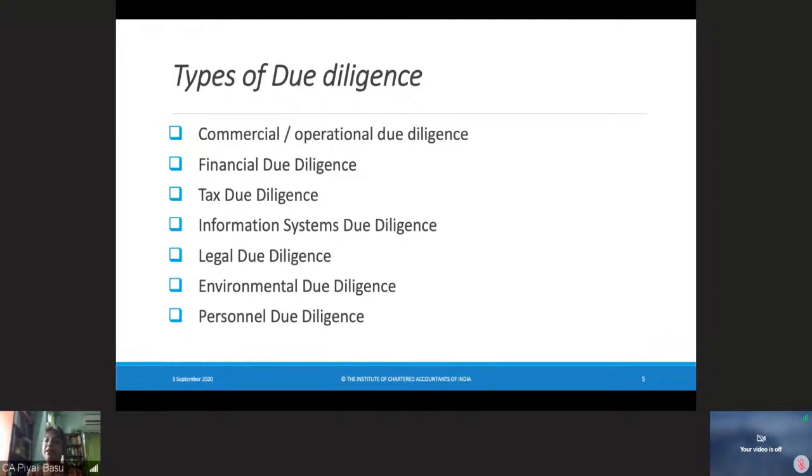Maybe the factory is locked for several months, if not years, because they were not able to run because of the cash crunch, and that's why they are selling it off. So the purchaser needs to know the condition of the plant and machinery. You see, the value of the deal will be based on that. So are they going to have more cash outflow when they actually acquire, because the plant and machinery are not in good condition?